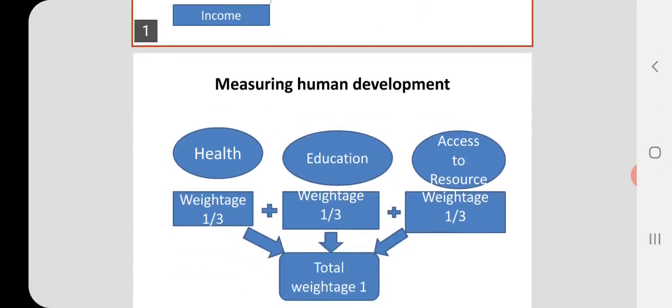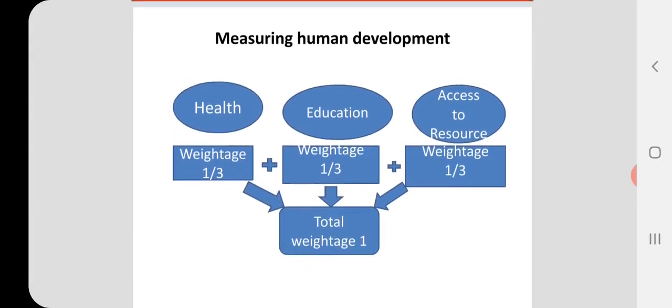The next is measuring human development. How can we measure human development? We take three indicators to measure human development. These three indicators are health, education and access to resource. Each and every indicator is given a weightage of 1 out of 3, so the total weightage is 1.